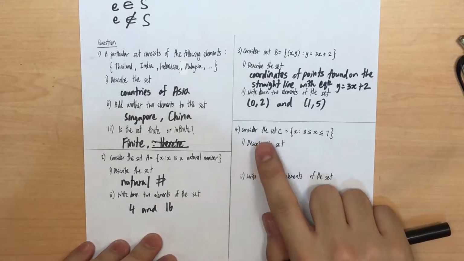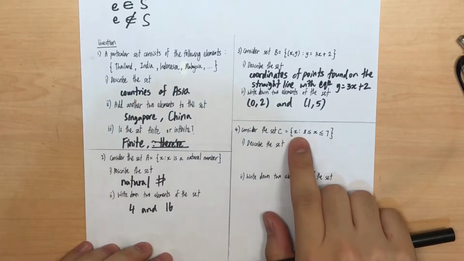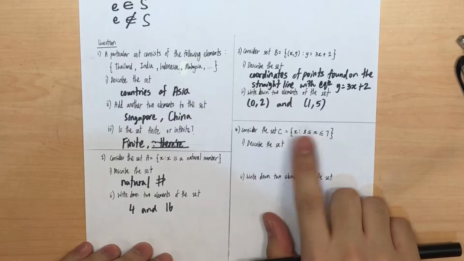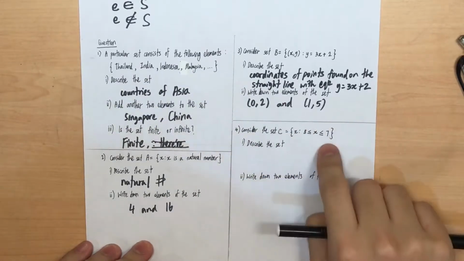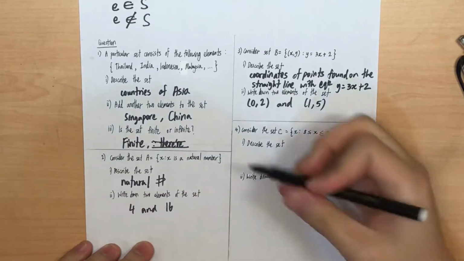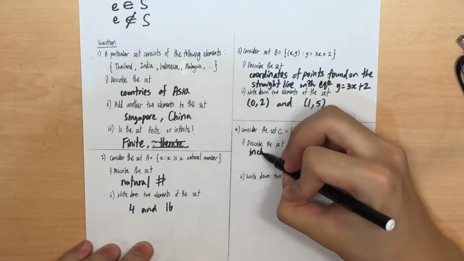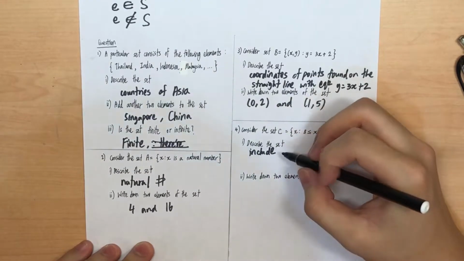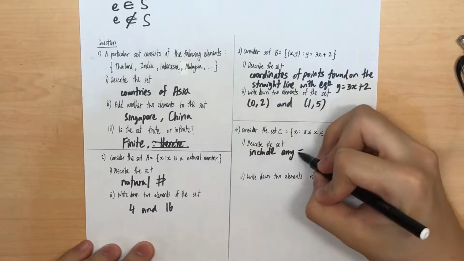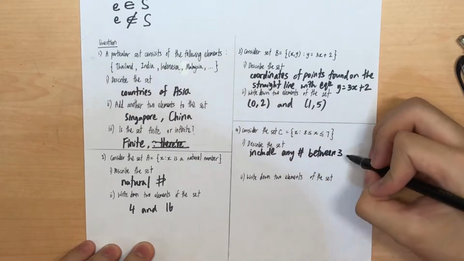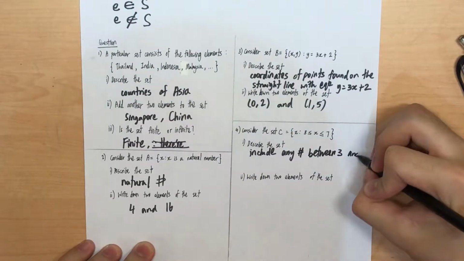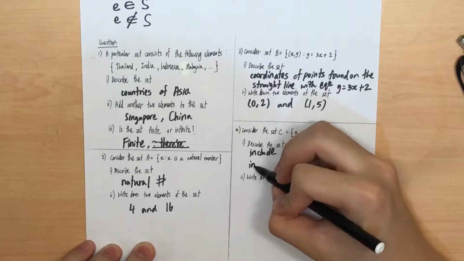Question 4. Consider the set C where x is in this range. Describe the set. This means that the elements of the set include any number between 3 and 7 inclusive.